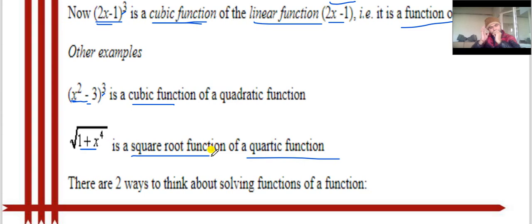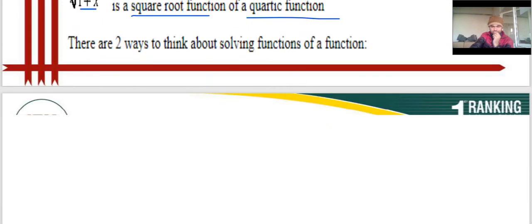For these types of problems, we have two ways to differentiate these functions of functions.